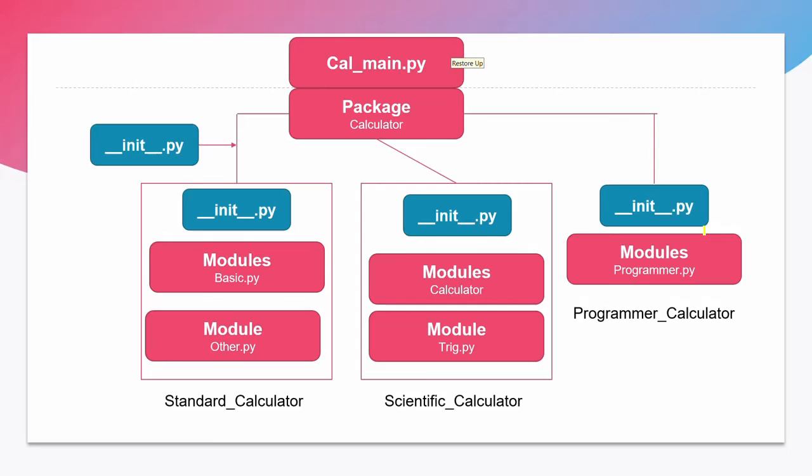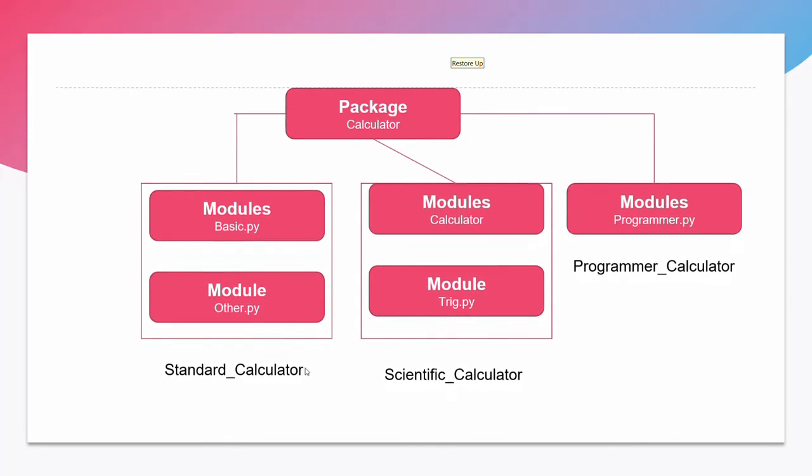As I said before, if I need to treat all these things as packages, here I have created three packages: scientific, standard, and programmer. These different packages have one to two modules in them.